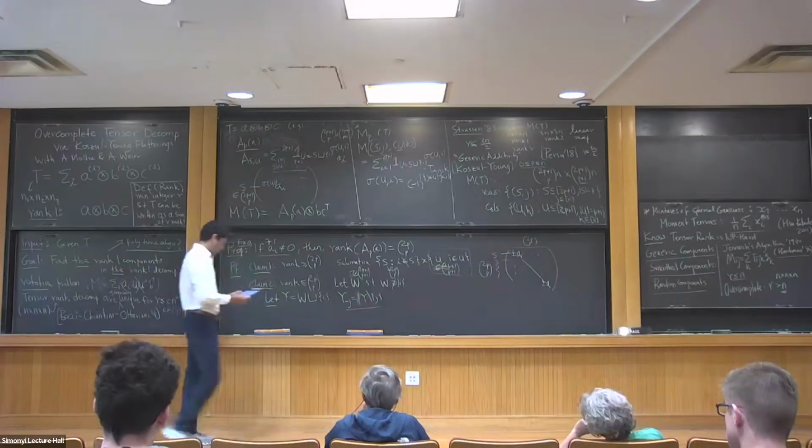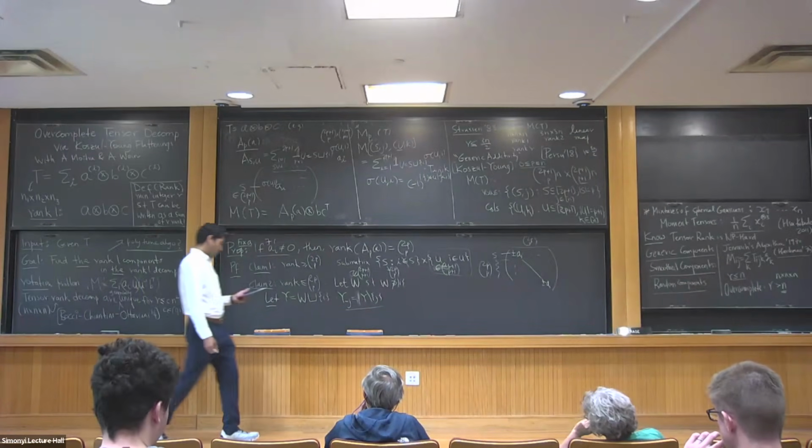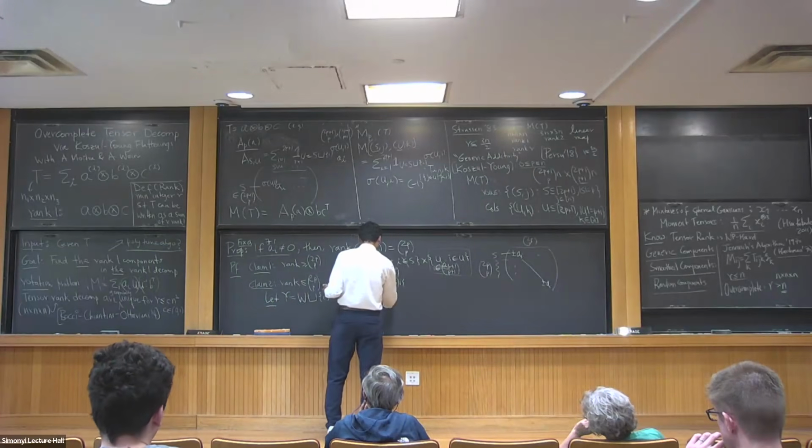Okay. So I have to prove that there is a linear dependency in this set of columns. So in fact, I'm going to give you explicit coefficients. Okay.